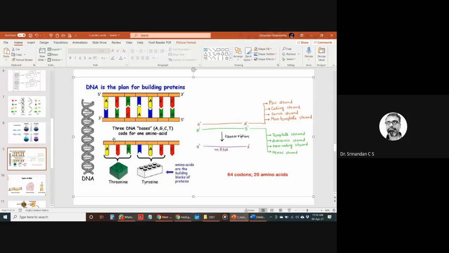Let's take for example that the RNA also runs from 5 prime to 3 prime in this scenario.